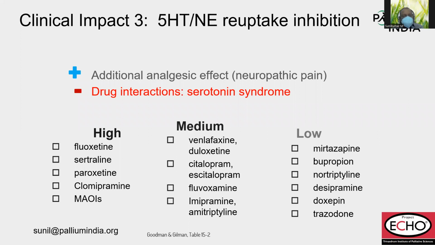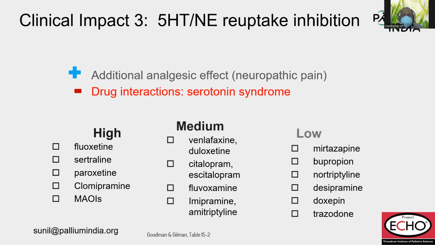the problem is that when you give methadone along with the medications which can inhibit the reuptake of noradrenaline and serotonin, like here you can see there are many medications, serotonin inhibiting medications, fluoxetine, sertraline, all the antidepressants.